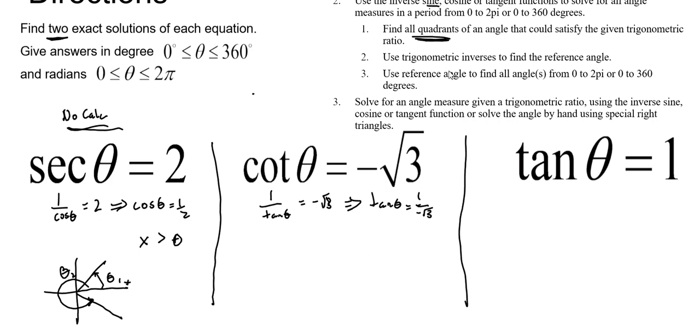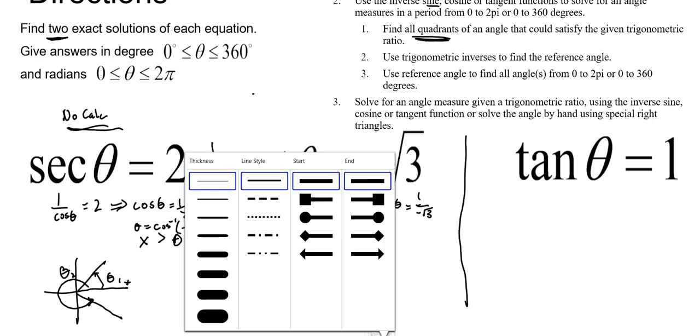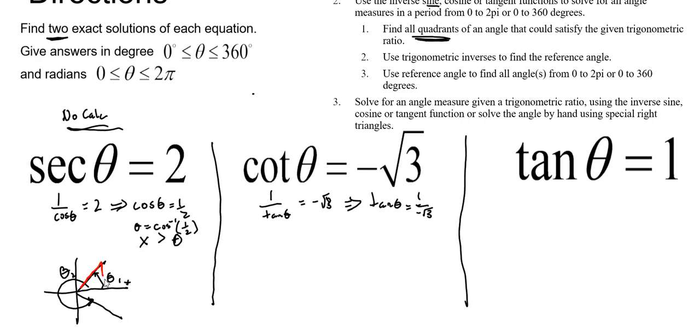Now the next thing is we're going to use trigonometric inverse to find a reference angle. So we're going to do the reference angle here. If I wanted to find this angle, I could take the inverse cosine of 1/2 and put that in my calculator, but I can't use my calculator, so I have to figure this out by hand. So one thing we can do is create a triangle here.